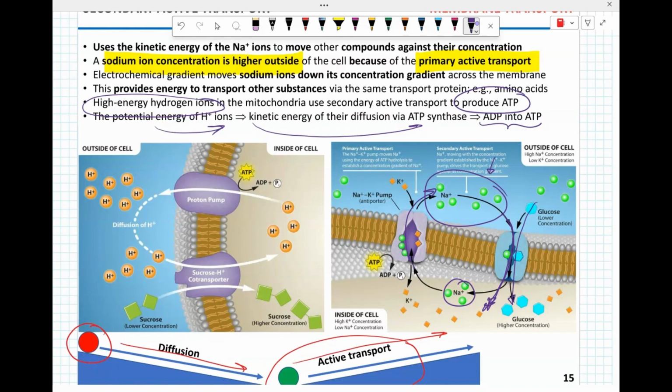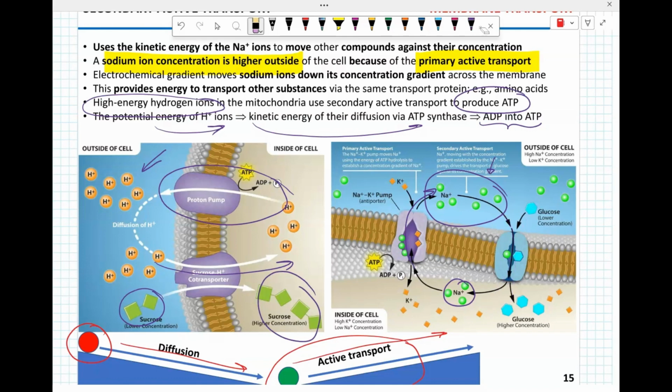Another example of secondary active transport is here. A proton pump maintains a high concentration of hydrogen ions outside of the cell. Diffusion of hydrogen into the cell through the so-called sucrose-hydrogen cotransporter helps to move sucrose from its lower concentration outside of the cell towards its greater concentration inside of the cell.